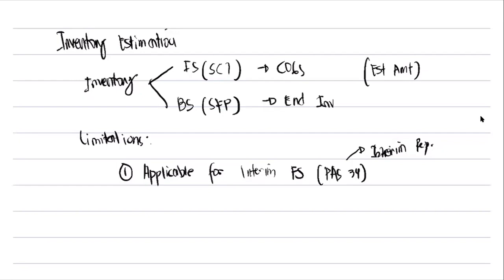Now, why is it only applicable to interim financial statements? It is only applicable because PAS 2 provides that in reporting inventory, it must be based on actual value, or net realizable value, not on the estimated amount.